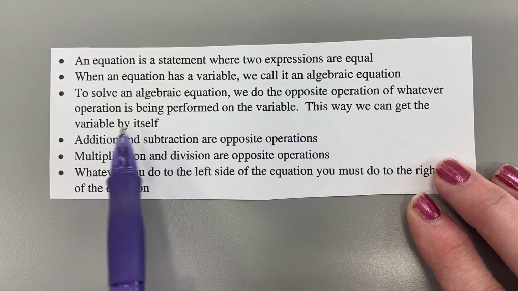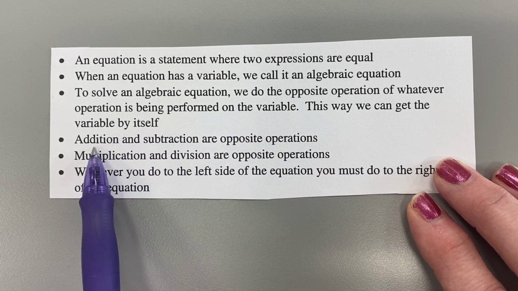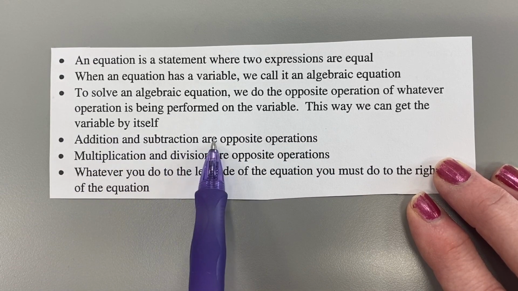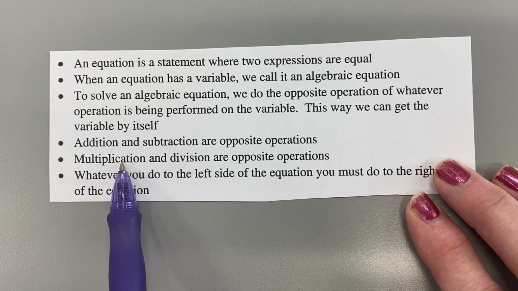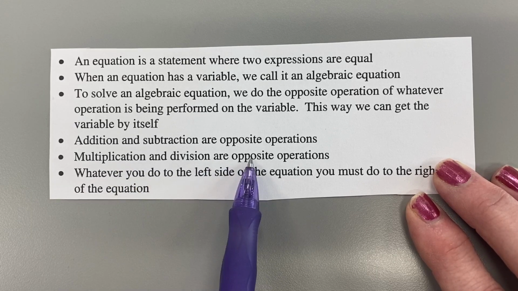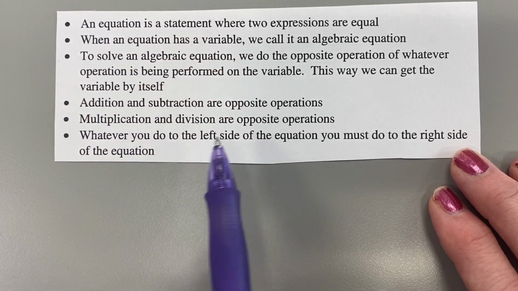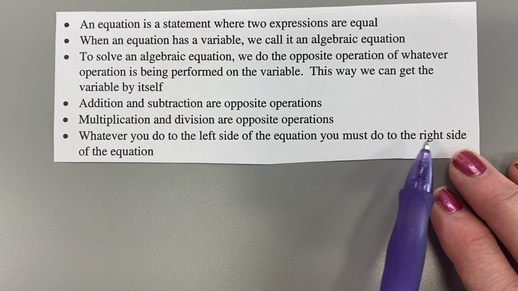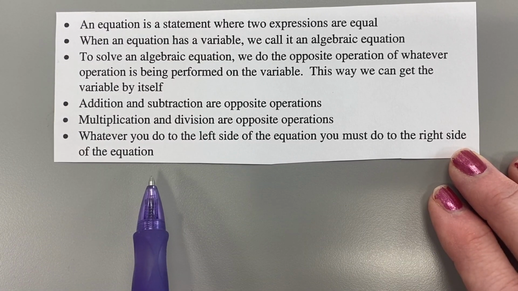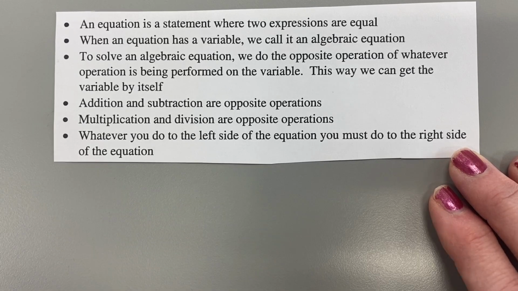This way we can get the variable by itself. Addition and subtraction are opposite operations. Multiplication and division are opposite operations. Whatever you do to the left side of the equation, you must also do to the right side of the equation.